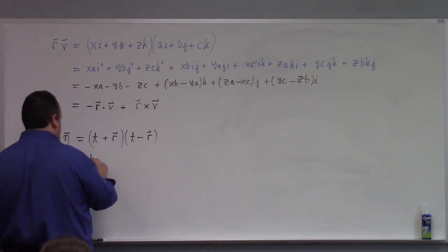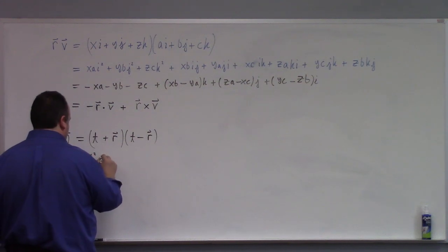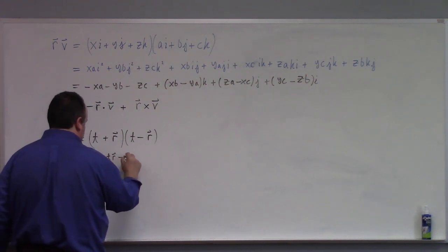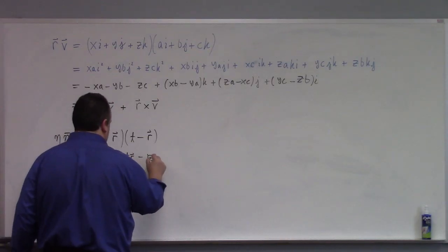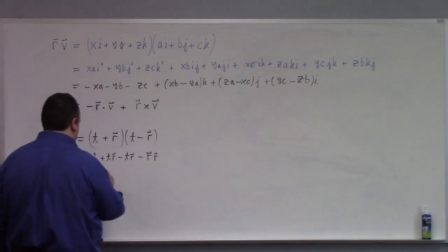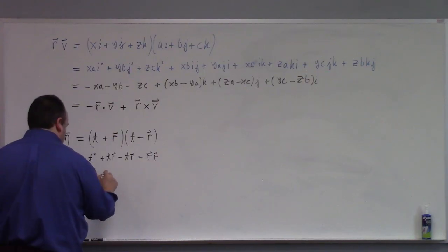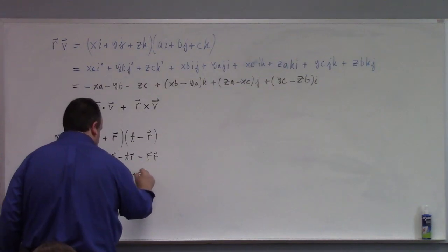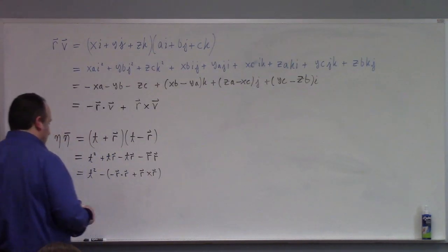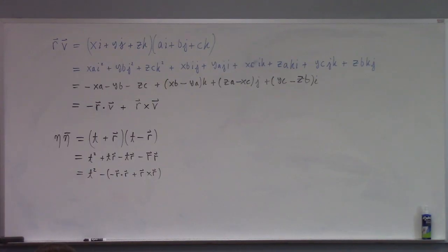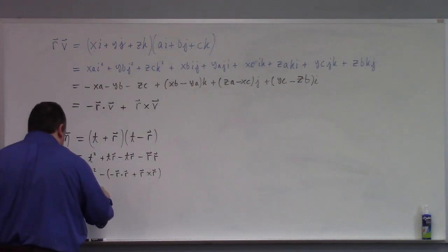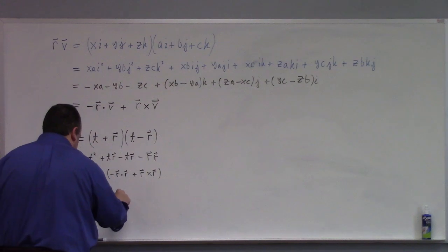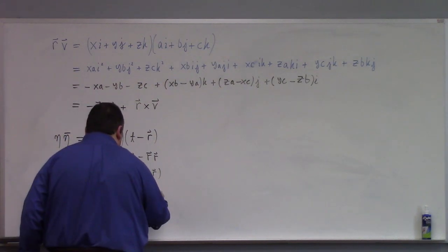We get t squared plus tr minus tr minus rr, which is t squared minus r dot r plus r cross r. What's r cross r? What is the vector cross itself? 0, right? And so what do we have here? t squared plus r dot r, which is x squared plus y squared plus z squared, right?